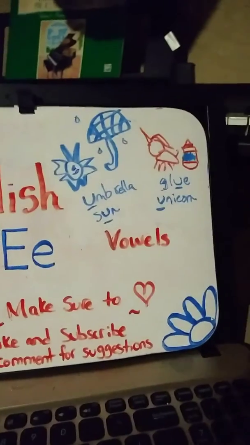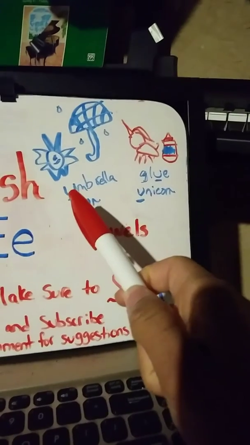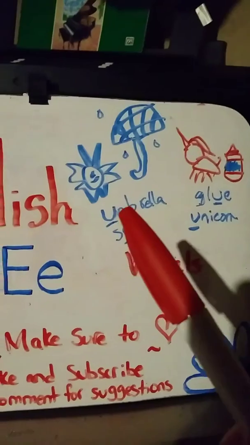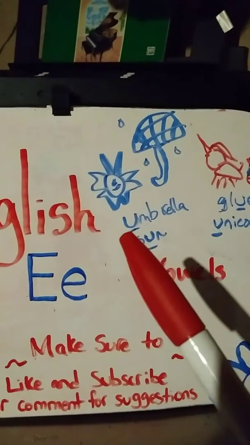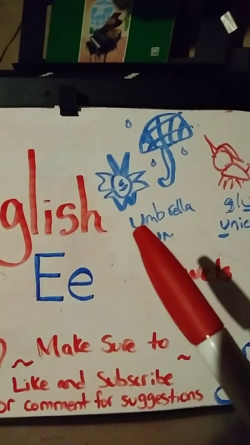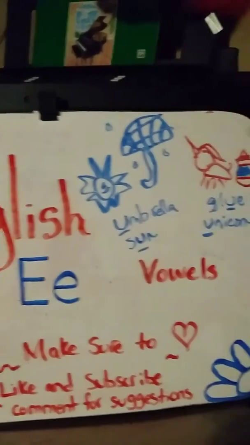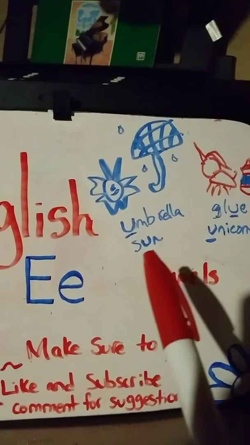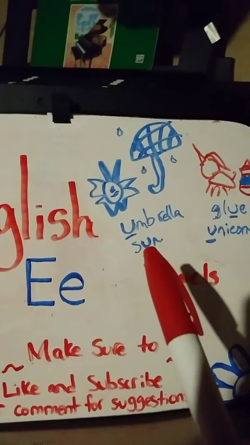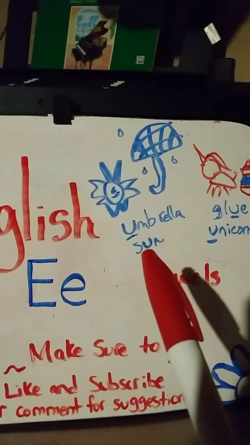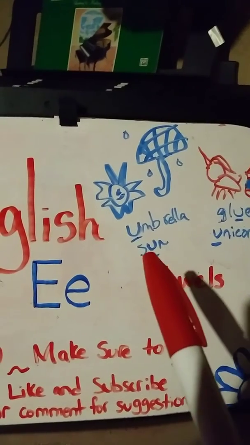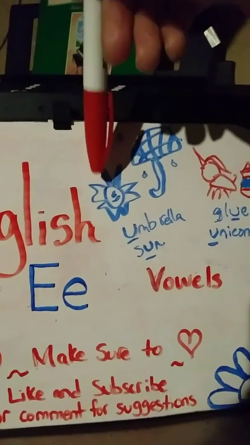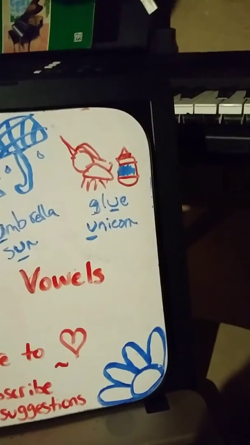Short U, long U. So for our first word with our short U is umbrella. Umbrella. And sun. N. Sun. Alright, for our long U, glue.